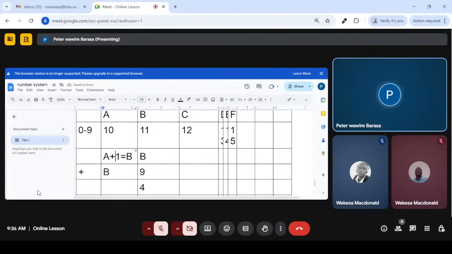So B plus B, that is 11 plus 11 is 22... 21 minus 16 is 5. So you write the remainder here and you carry 1. When you carry 1, 1 plus nothing is just 1 here.